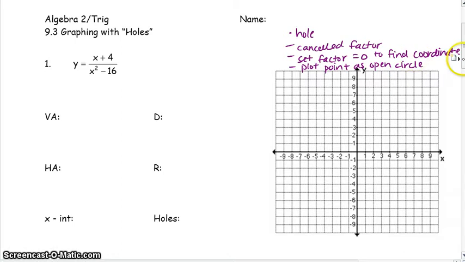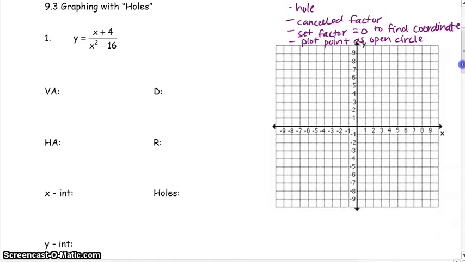As we look at this first problem, our first step would be to see if we can factor anything. We can factor the bottom, it's a difference of squares. We have our x plus 4 on the top. The bottom factors to x plus 4 and x minus 4.